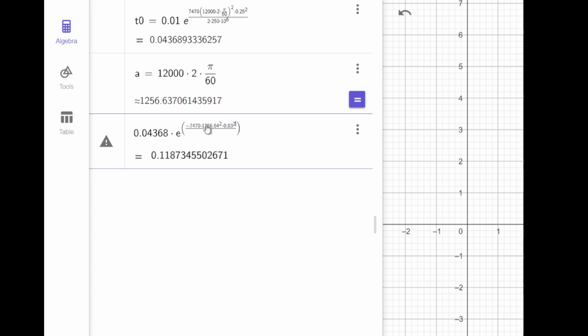I want to know the thickness. And this is 2 times 250 times 10 to the power of 6. Wow, there it is. This is 42 millimeters, 42.76 millimeters.